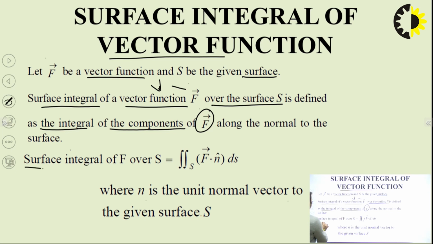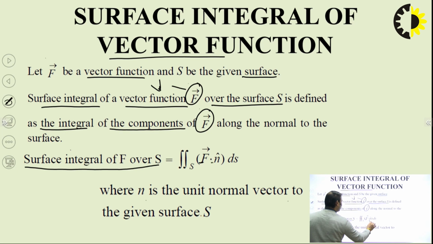In mathematics, the same thing can be written as: we take the product of the vector with the outward unit normal vector n, multiplied by dS, where n is the unit normal vector. So in the case of a vector, we must use this here, right?